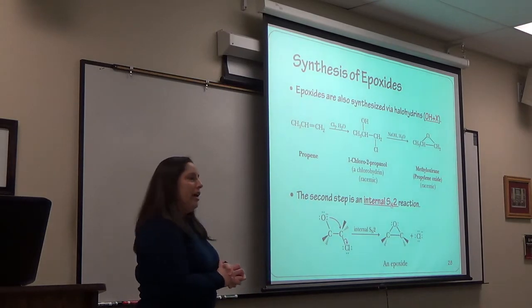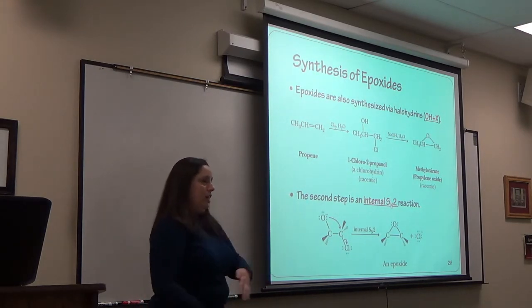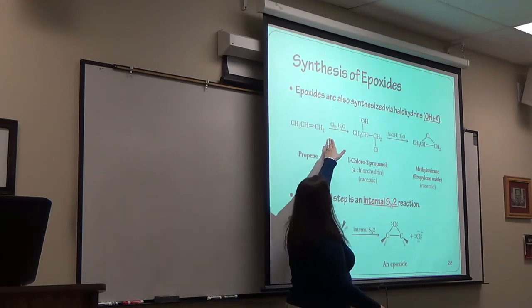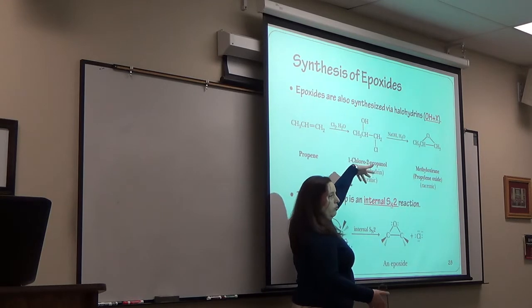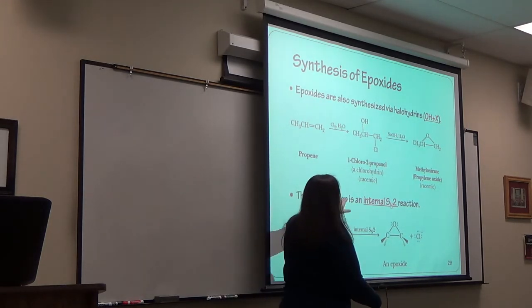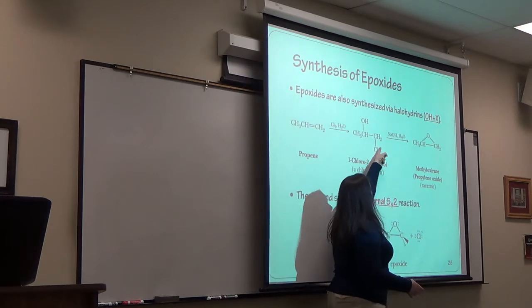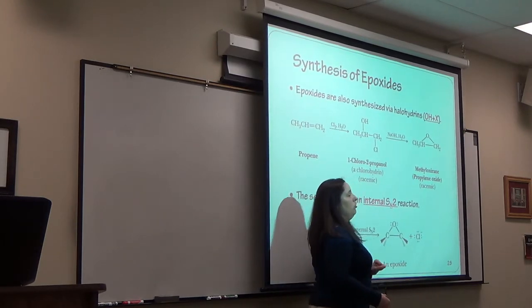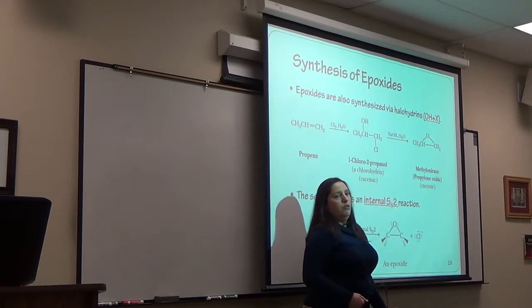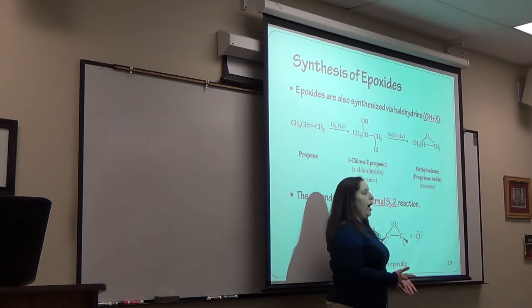The halohydrin reaction, which we did last semester for the alkenes, so remember that that's the halogen with water, so halo, and then hydro for water. What happens is you add both a halogen, in this case chlorine, and you transfer the hydroxyl of the water. So you get a halohydrin as a product.